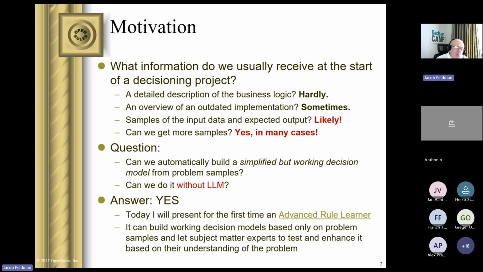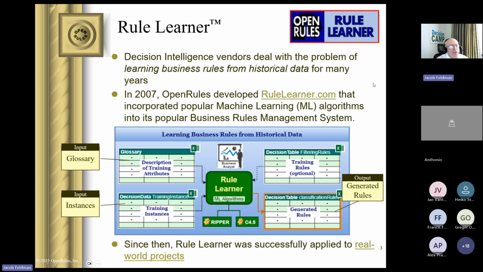This advanced rule learner can build a working decision model based only on problem samples, and it will let subject matter experts, not necessarily programmers, test and enhance these initial decision models based on their real understanding of the problem.